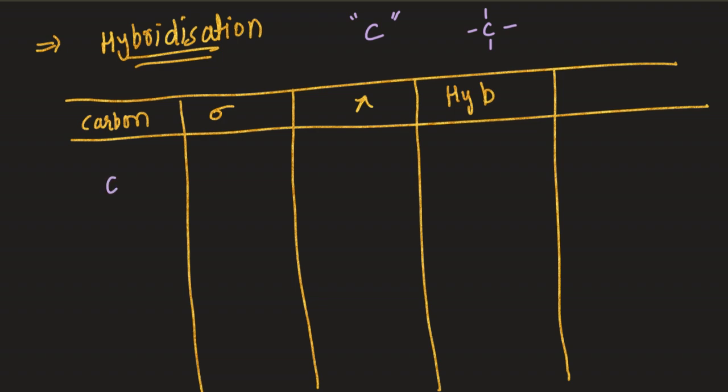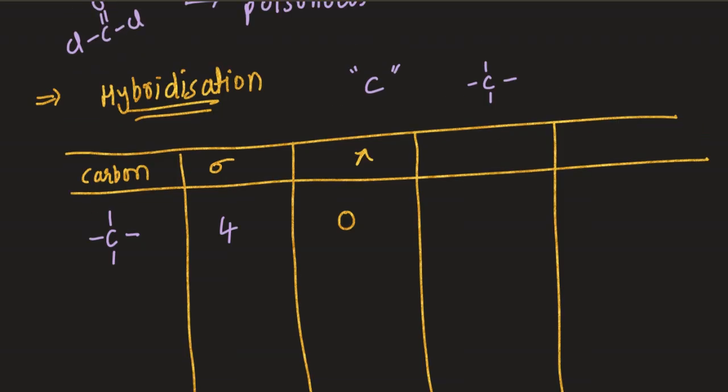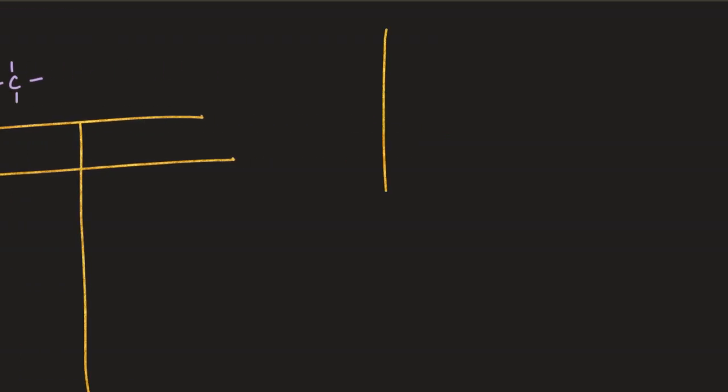For example, if the given carbon is surrounded by single bonds, all single bonds means there are a total of 4 sigma bonds. Next, pi bonds: can I say there are a total of 0 pi bonds? Before going to that, I will give one more basic clarity.